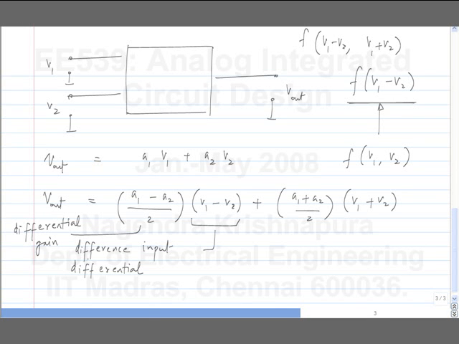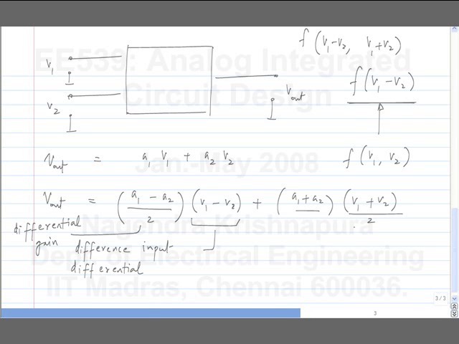And in general, A1 and A2 could also be frequency dependent. That is, it could be A1 of S and A2 of S. Okay. And the second part is normally split as V1 plus V2 by 2. Okay. V1 plus V2 by 2 is nothing but the average of the two voltages.